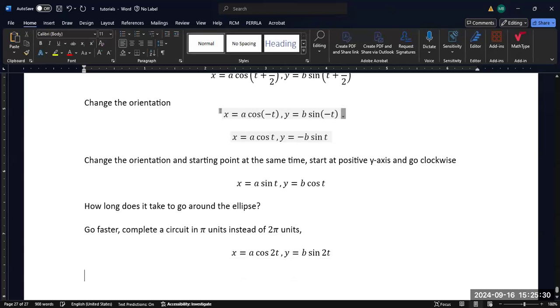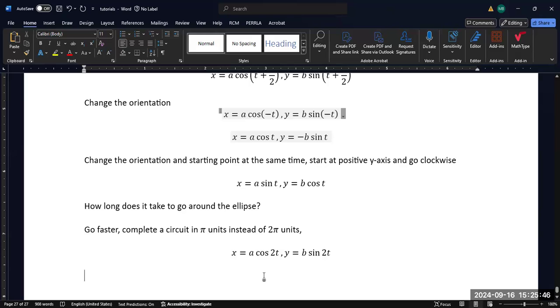You have to scale both of them by the same amount. So this will make it go faster. By the time t is equal to pi, you'll be evaluating cosine of 2 pi. So that's going all the way around.